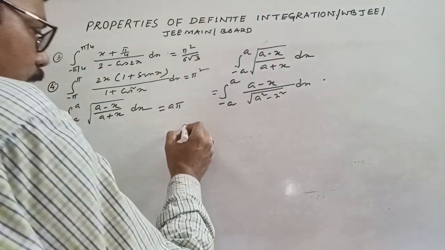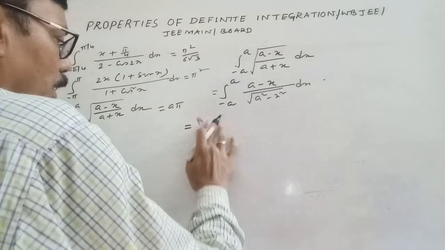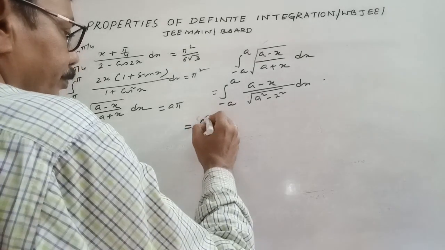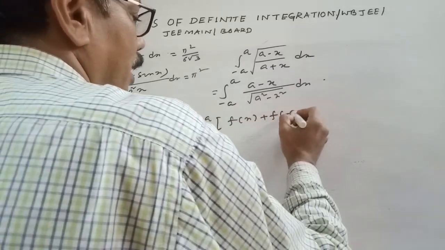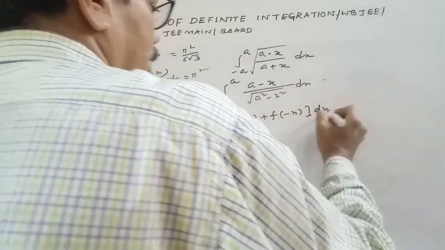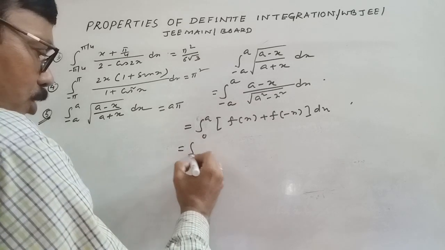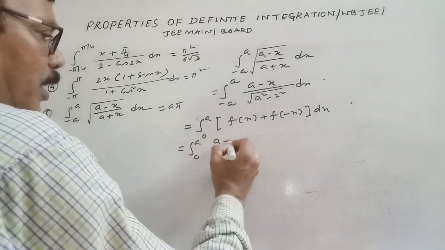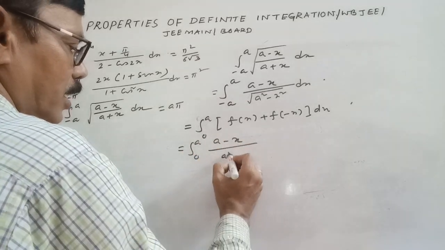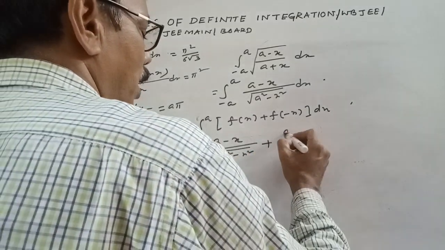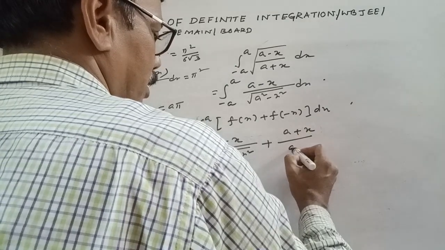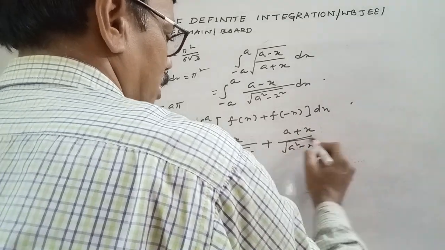So we can write it 0 to a, f of x, the given function, and f of minus x, dx. So 0 to a, a minus x by a square minus x square. This is f of x. So f of minus x is a plus x, a square minus x square.